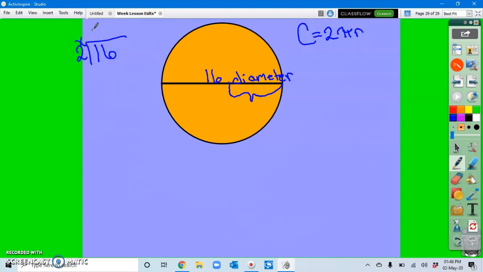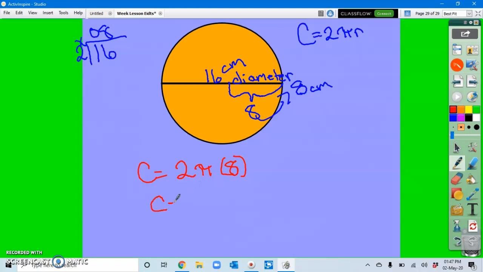So 2 goes into 16 eight times, so your radius is 8 centimeters. Let's say this is centimeters. So now you're going to apply it to your formula. C equals 2 pi 8. And now you multiply, which gives you the answer C equals 16 pi centimeters.